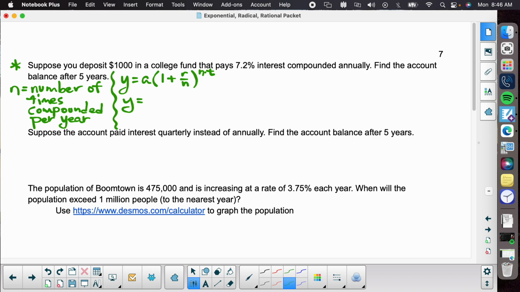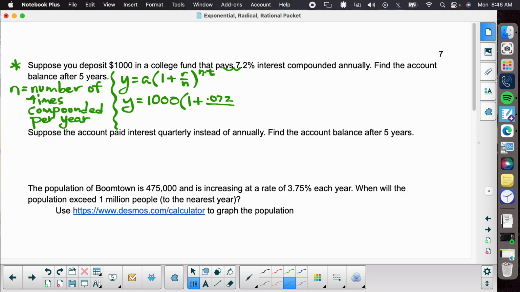Okay, what's the amount we start with for money? 1,000. Okay, $1,000. So A is still the same. The R is still the same, that's a percentage. So do you remember how to write this one as a decimal? 0.072. Perfect, you move it over 2 spots, so it's 0.072.